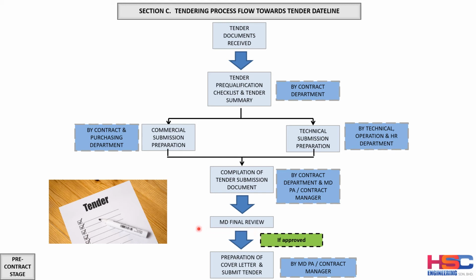If there is any comment, the process will have to go back to the contract department or the technical department or the planning department, and again they have to compile, and again the managing director has to do a final review. And if this is approved, the contract manager or the managing director's personal assistant will prepare the cover letter and submit the tender.